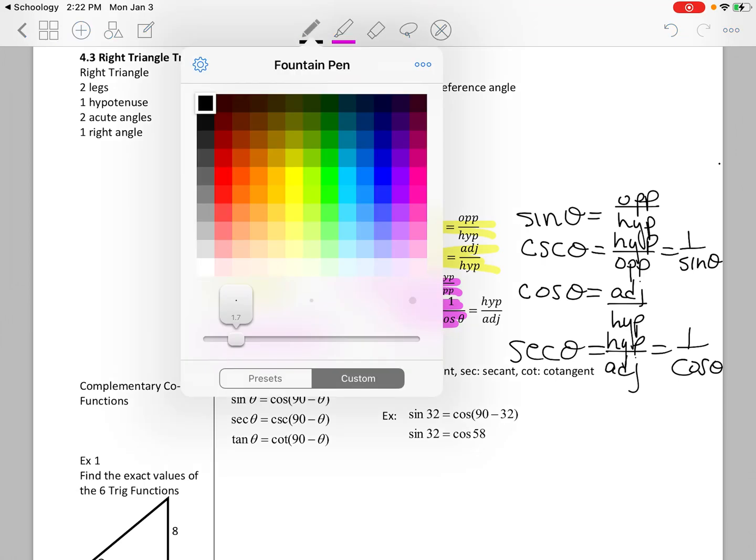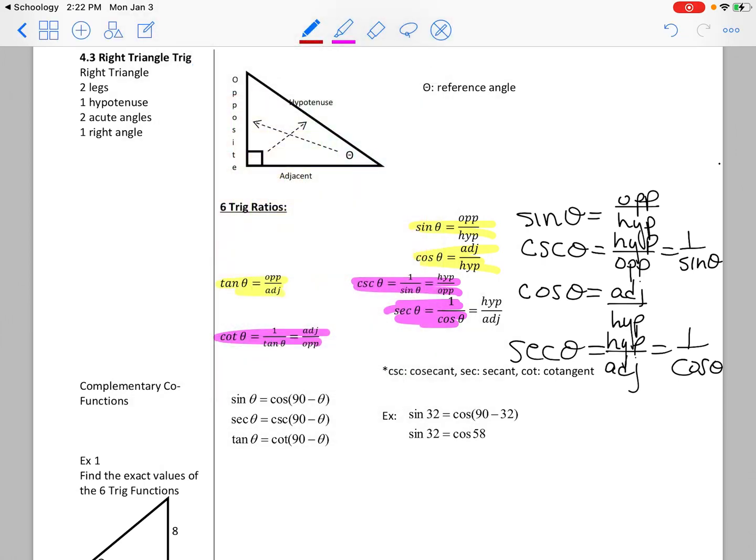A little trick to help you remember, and this only works for sine and cosine, because students ask whether it's secant or cosecant that goes with them: if it starts with an S, the reciprocal is going to start with a C. So cosine starts with a C, its reciprocal is going to be secant because it has to start with the S. Now cotangent and tangent both have the word tangent in them, so they're pretty straightforward. But for sine and cosine, if one of them starts with an S, then the other one doesn't.